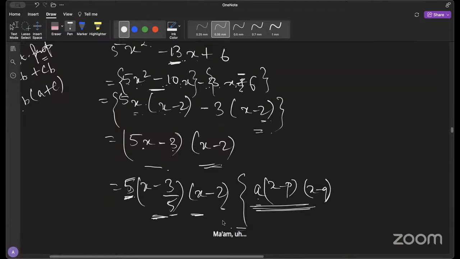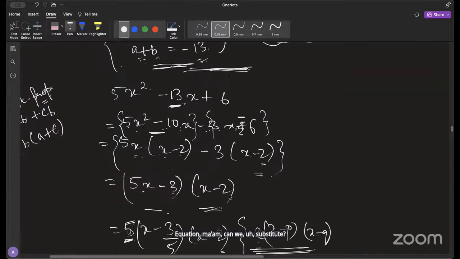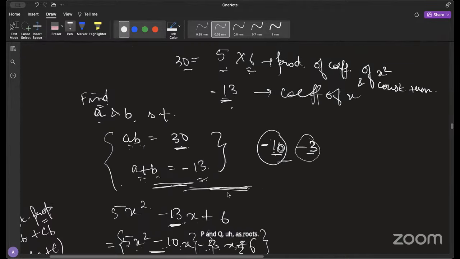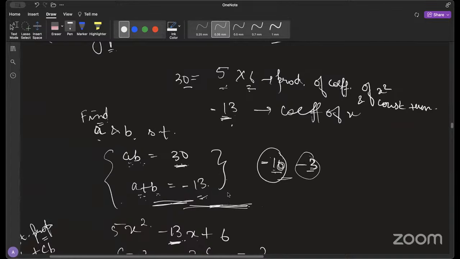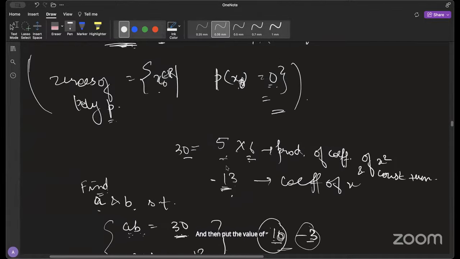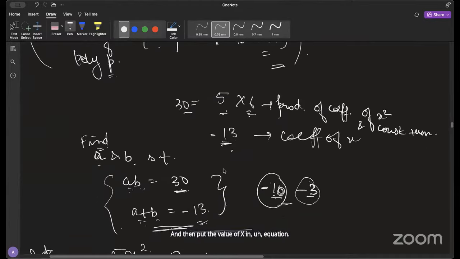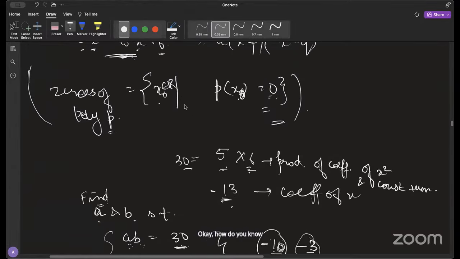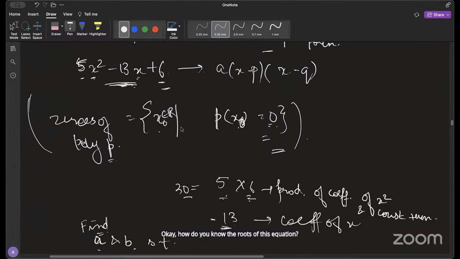Ma'am, to find A in the equation, can we substitute P and Q as roots and then put the value of x in the equation? Okay, how do you know the roots of this equation? We've not discussed that yet. Ma'am, after finding it, ma'am, it's 2 and 3 by 5.